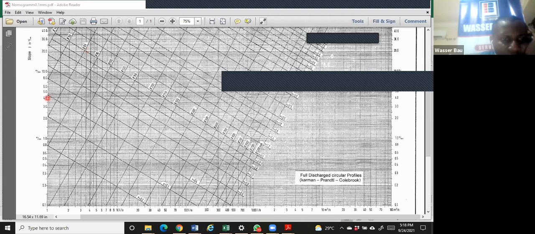The rule says you choose the bigger of the two, because as engineers, we design based on worst case scenario. And as my philosophy also, I shared with you, in infrastructure design, it is better to over design than to under design.